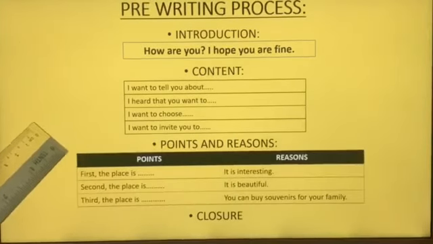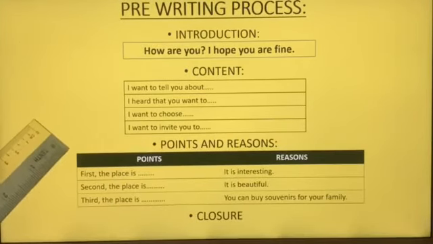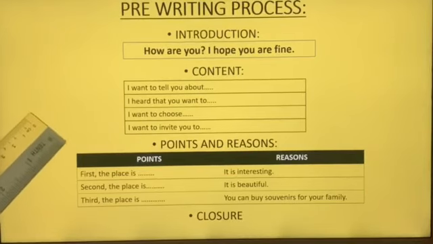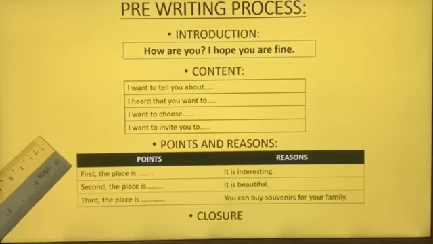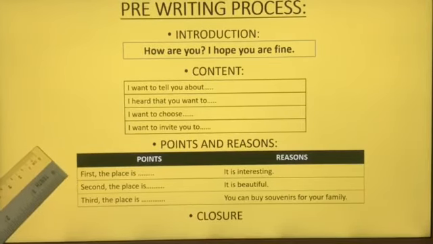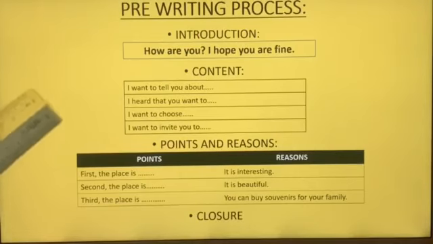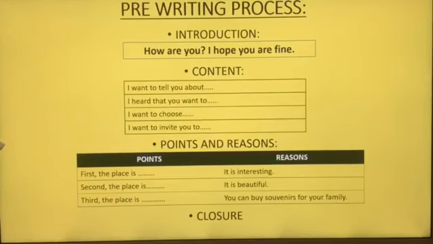Okay, next one, points and reasons. For points and reasons, saya dah ajar dan ada di dalam nota in the reading card. If the question needs you to write about place, you can start with: first, the place is; second, the place is; third, the place is. And at the end of every point, you must have a reason. So what? For example, first, the place is Strawberry Farm.